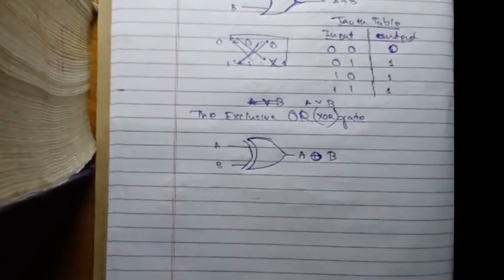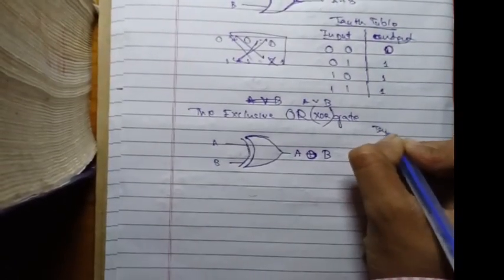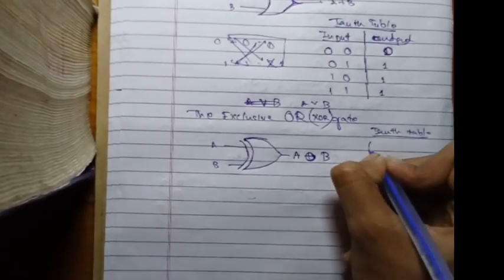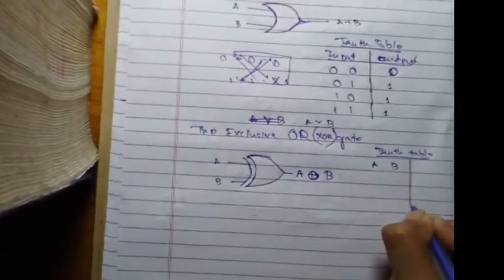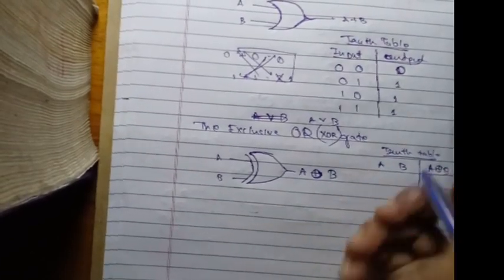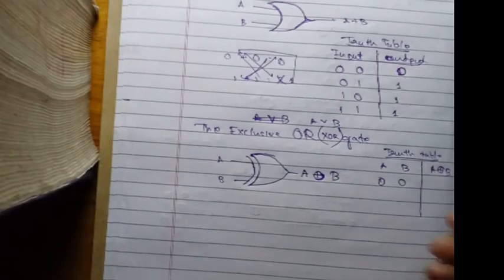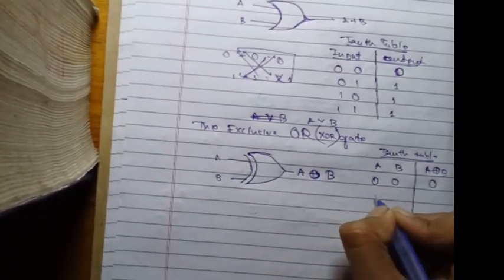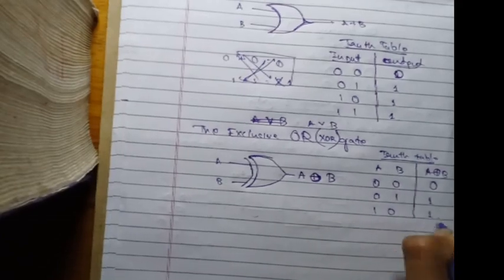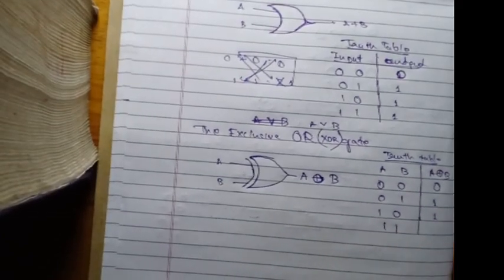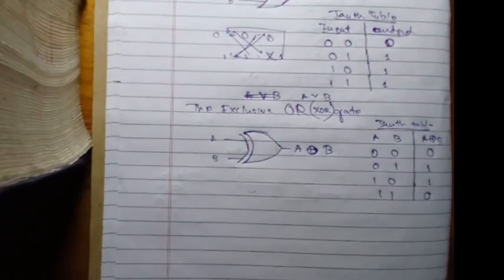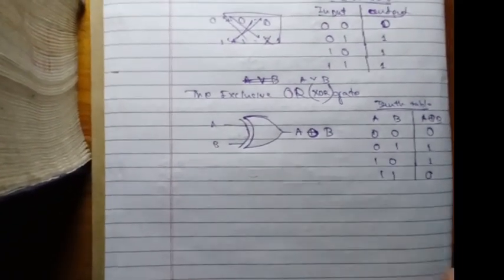So let's draw its truth table. Here is my truth table, with A and B. If I take both 0, it will return 0. If I take either of them 1, it will return 1. Similarly, when both inputs are 1, it will return 0. It was also easy.